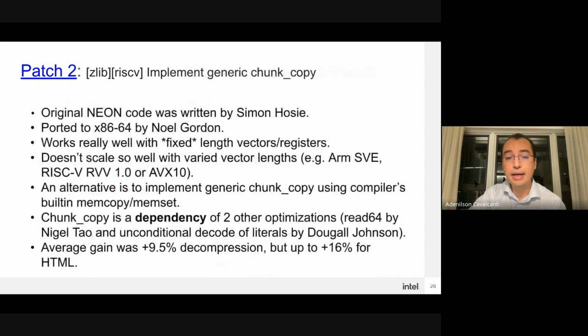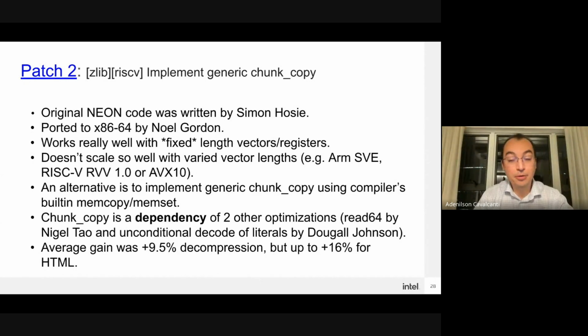The following patch was contributed by Simon Hosey. The basic idea is that the chunk copy allows us to perform a wide load and a wide store when we are decompressing data. And it works really well when we have architectures with fixed vector lengths.